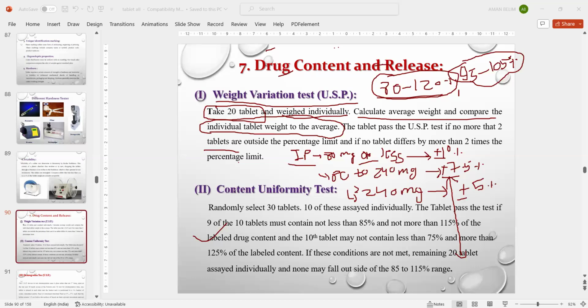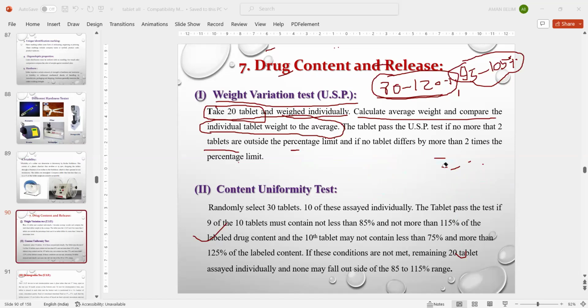This is according to the IP. But according to USP, these numbers are somewhat different. So you all have to remember this also in terms of quality control tests: what are the differences between IP and USP? We will also discuss that in the dissolution test.